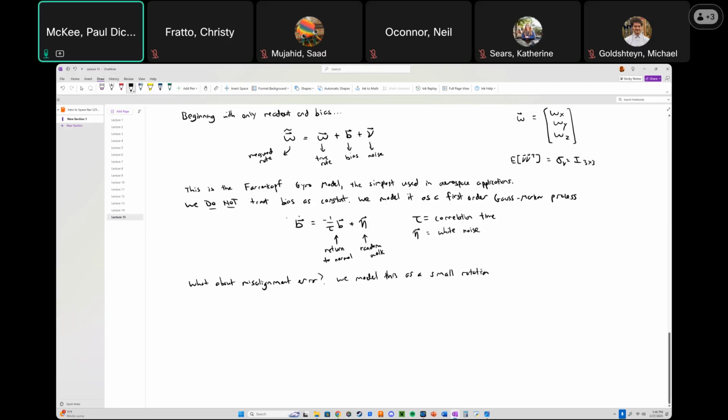Now we're going to say omega with noise is some delta T times omega plus b plus nu. In this case, bias and noise are unaffected by the rotation, because they have to do with sensor electronics.